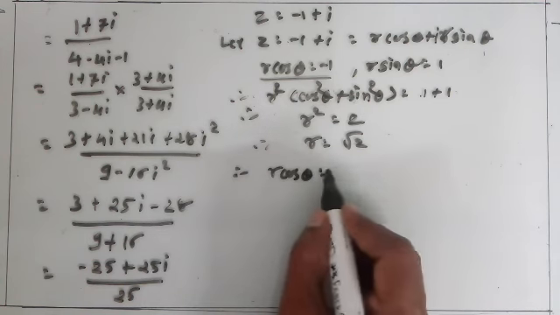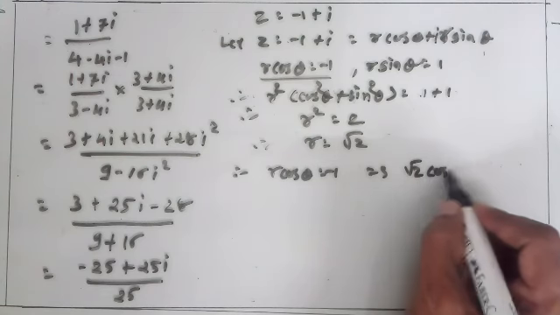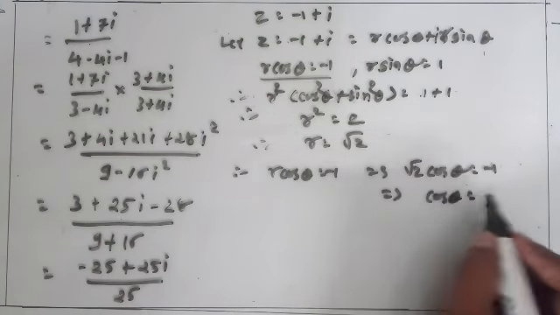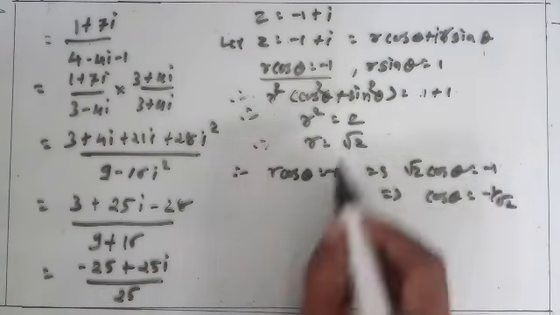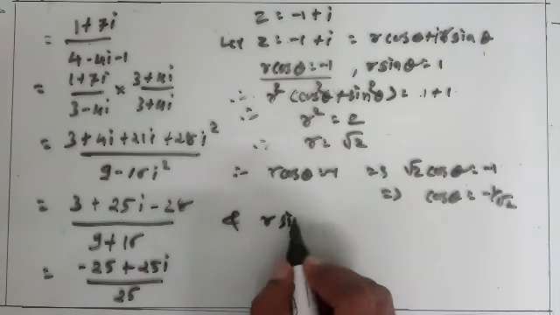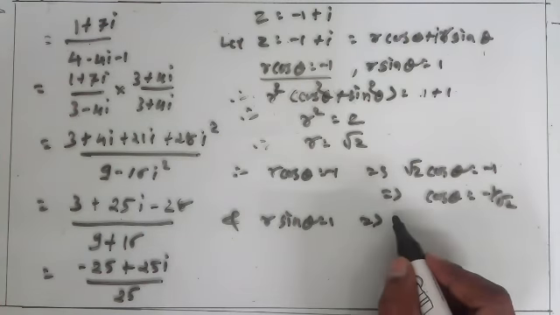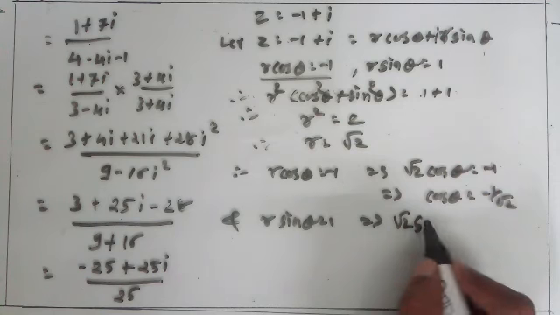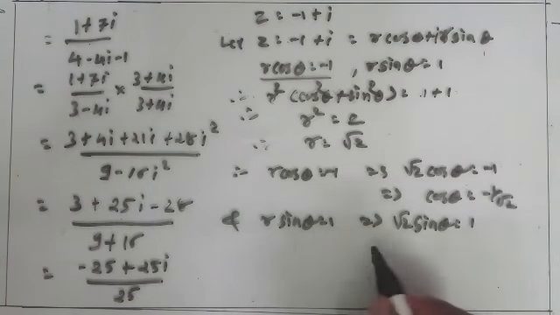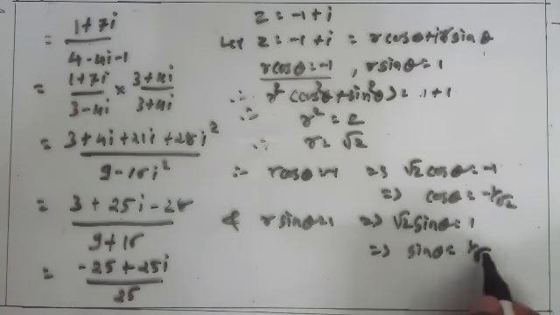Therefore r cos theta is equal to minus 1 implies root 2 cos theta is equal to minus 1. This implies cos theta is equal to minus 1 upon root 2. Similarly, r sin theta is equal to 1, replacing r by root 2, so root 2 sin theta is equal to 1. This implies sin theta is equal to 1 upon root 2.